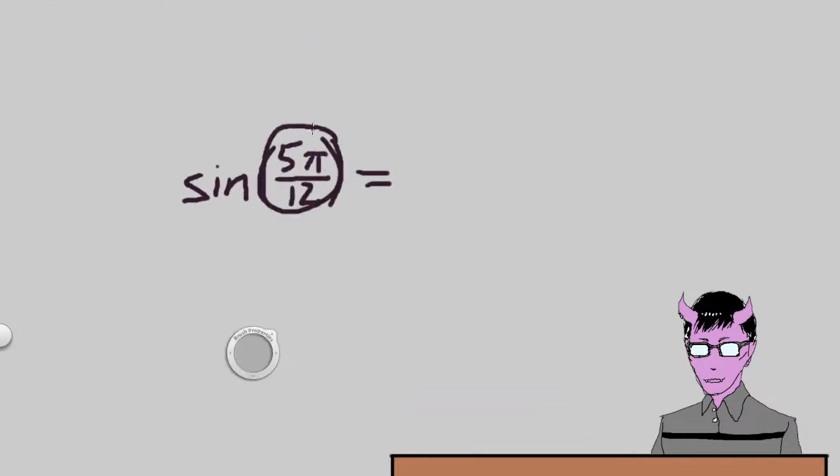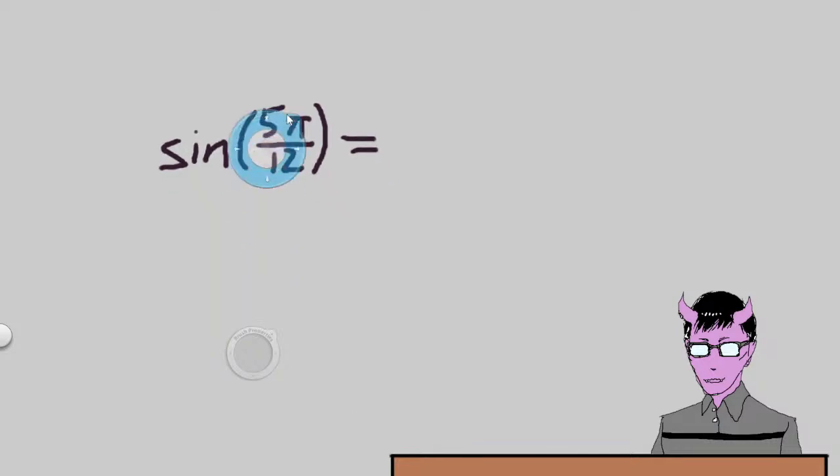So again, the situation is we can't deal with this 5 pi over 12 without some sort of manipulation to transform it into a sum or a difference of angles that we are more familiar with. You know, the pi over 3, the pi over 4s, the pi over 6s, or the pi over 2s, or the pi over 1s.